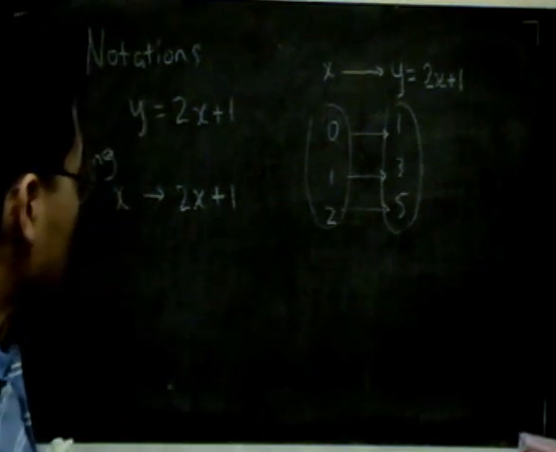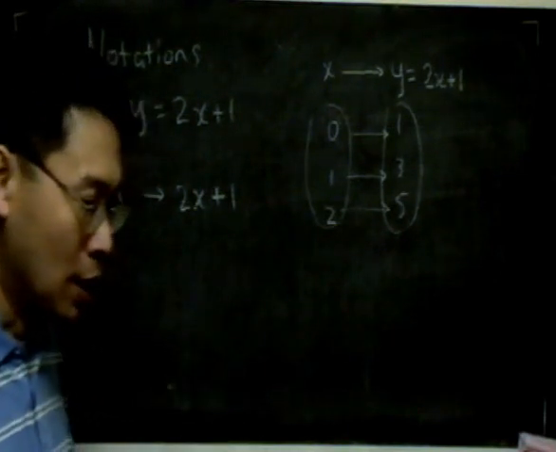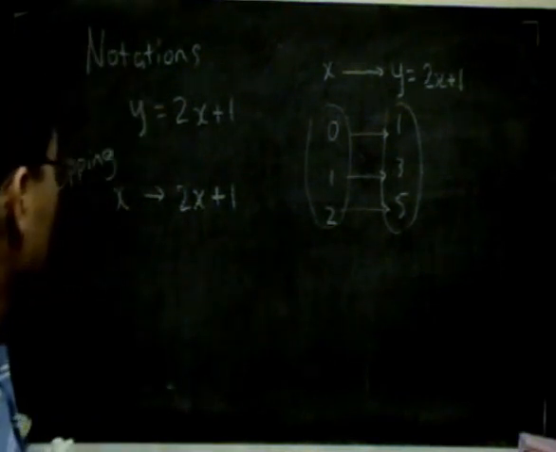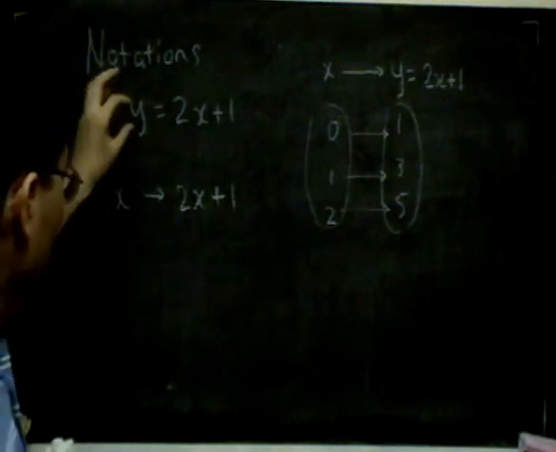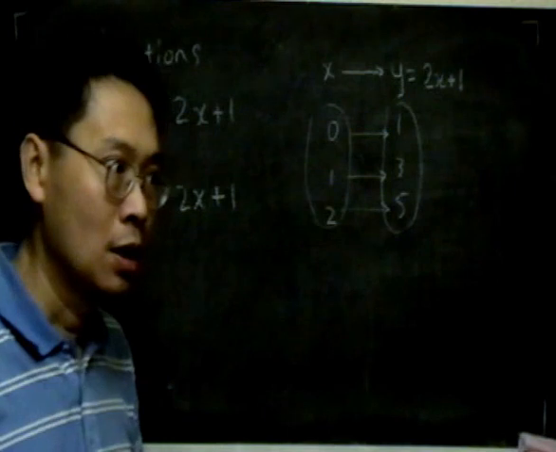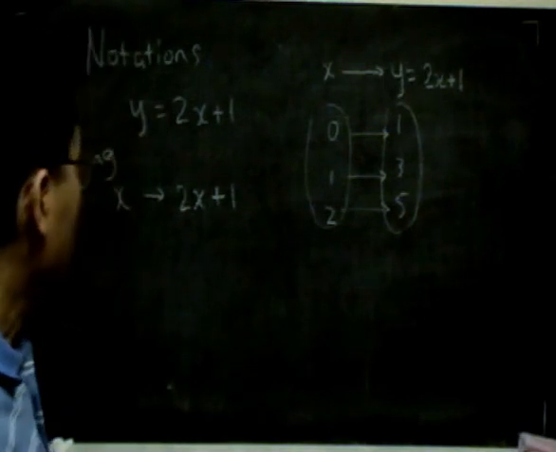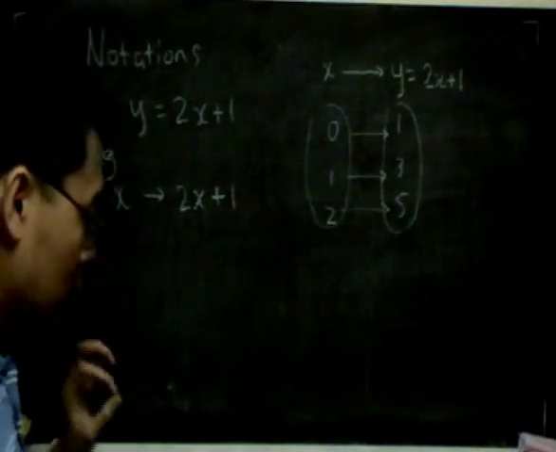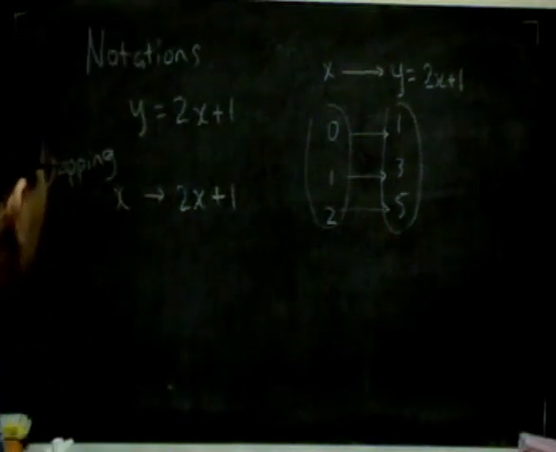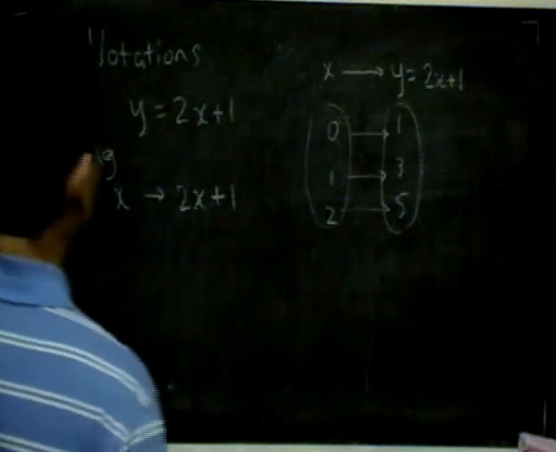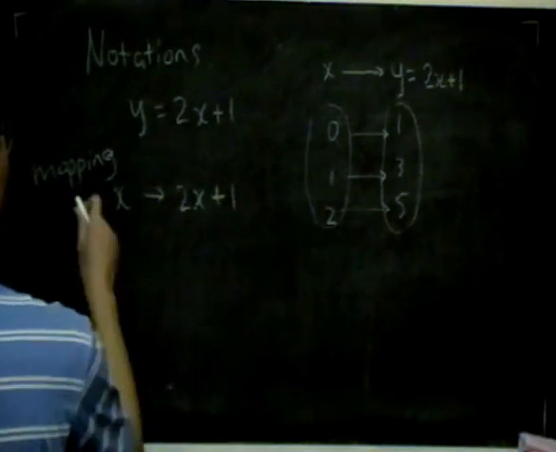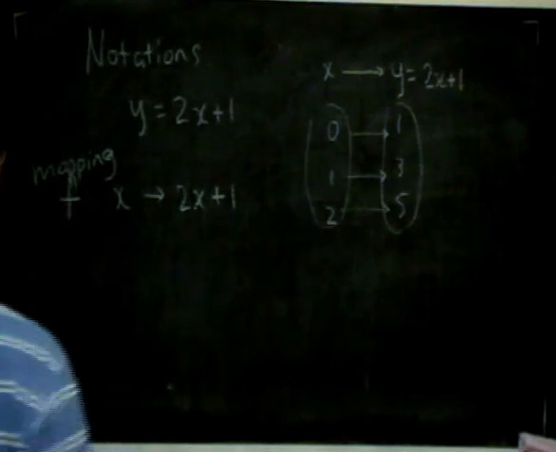Now, it is often useful to give a name to the relation. So if I have different equations, I can give each one a name. And in mathematics, we often represent the name by a letter. So, for example, I can name this relation by the letter f.